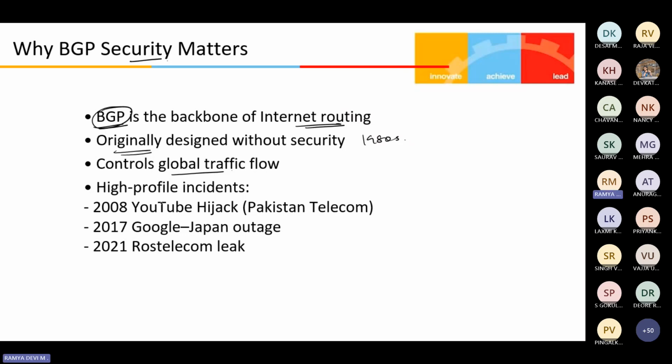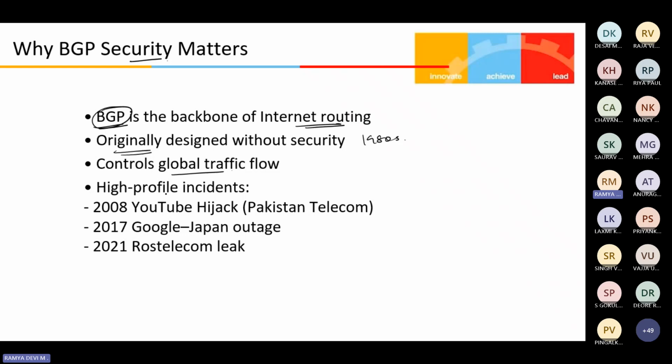There is an impact on global traffic. A single incorrect or malicious BGP update can redirect or even drop the traffic worldwide. That makes BGP a prime target for hijacking and also for leaks.